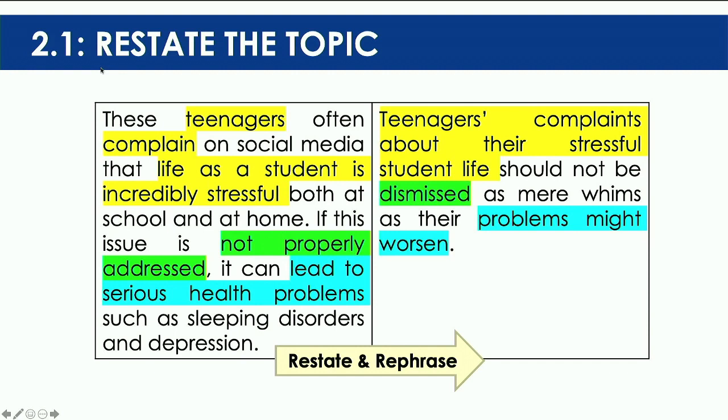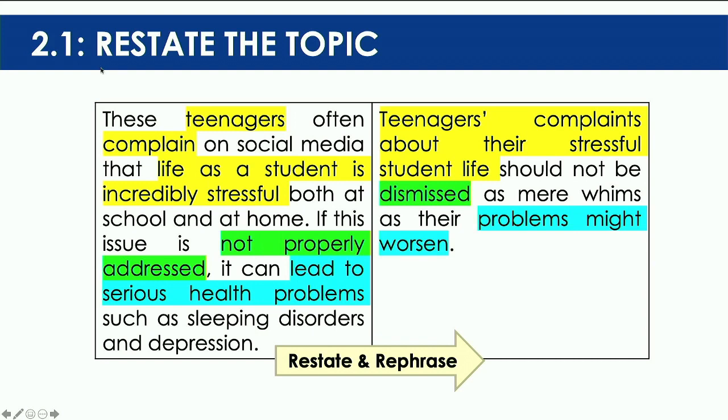Look at the sentence highlighted in yellow. Have we addressed the teenagers, their complaints as a student, them being stressful? Yes, we have. If not properly addressed, and we use the word dismiss in our conclusion. Checked.